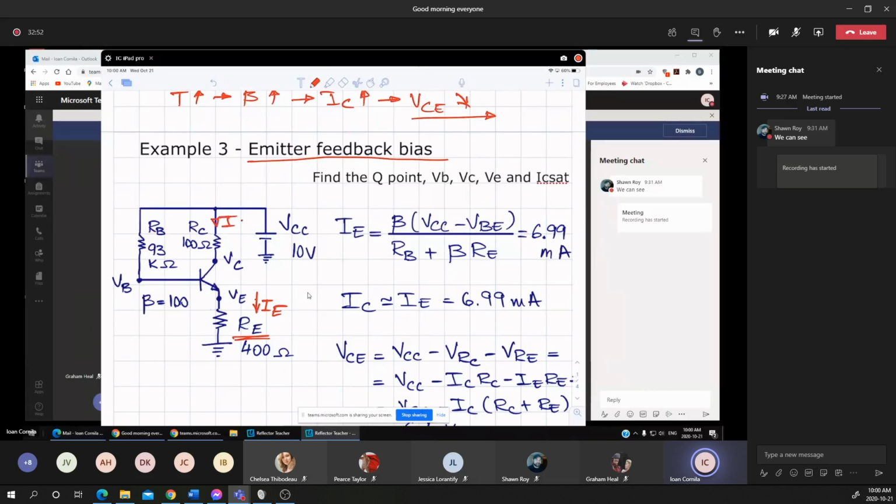That's the IC, beta times VCC minus VB over RB plus beta RE. Again, where is this equation coming from?